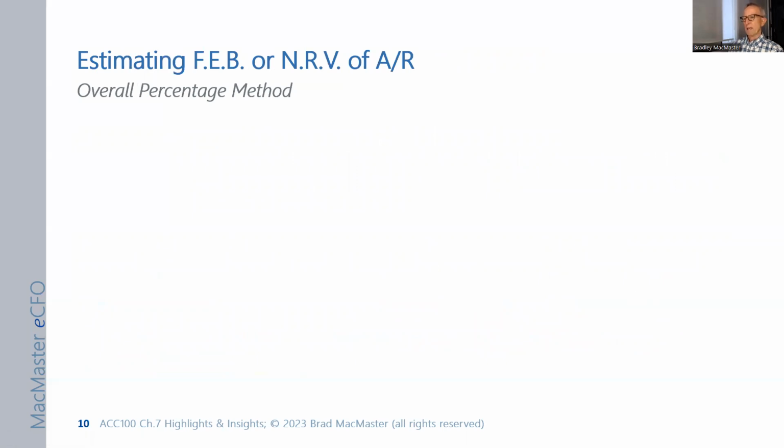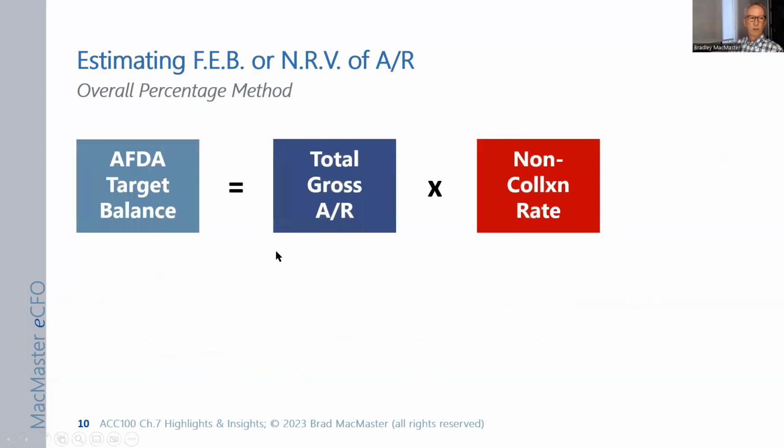So when we go to estimate the net realizable value of accounts receivable, the first thing we have to do is calculate the target balance in the allowance for doubtful accounts. So the target balance is usually equal to the total of the gross accounts receivable times an estimated rate of non-collection or non-collectability. And we did an example for this in class.